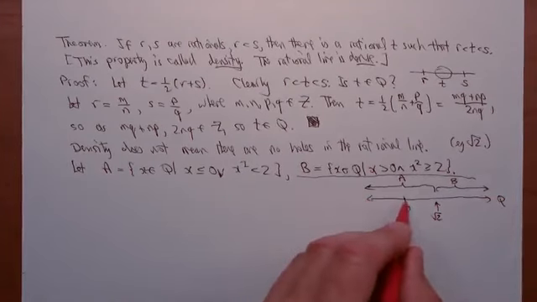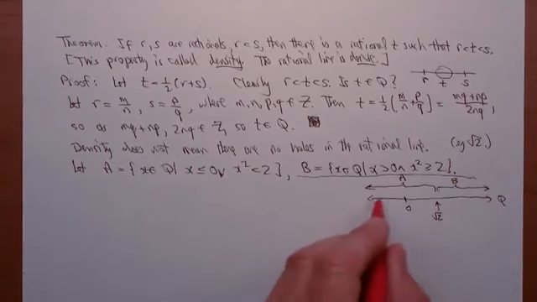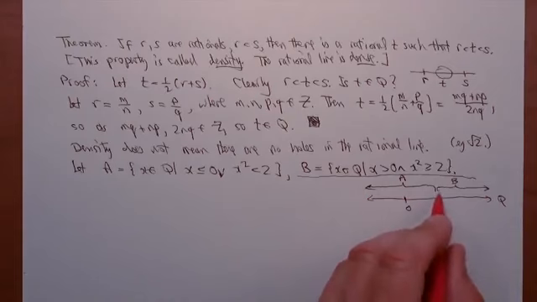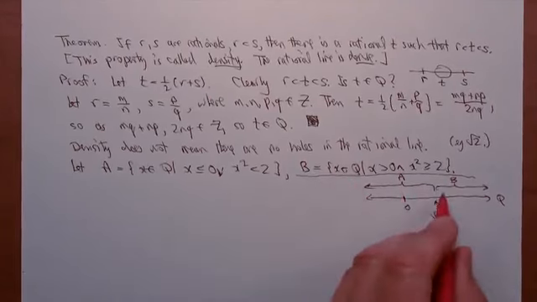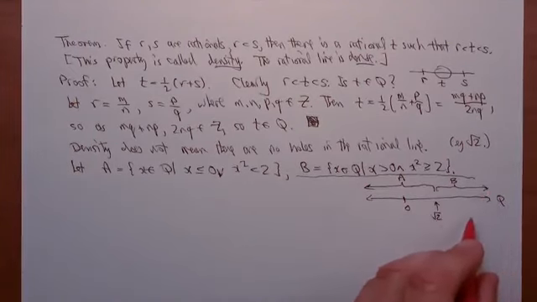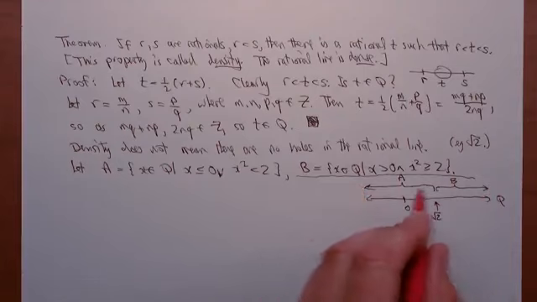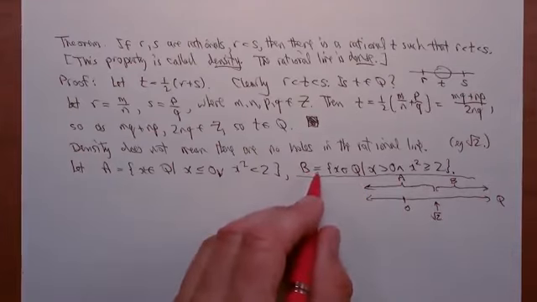Okay. So we've got the rational numbers, and I've split the rational numbers into two sets. A, which is everything negative and anything whose square is strictly less than 2. And B is everything which is positive and whose square is greater than or equal to 2. And this splits the rational line into two pieces.